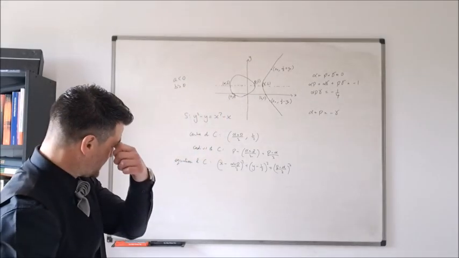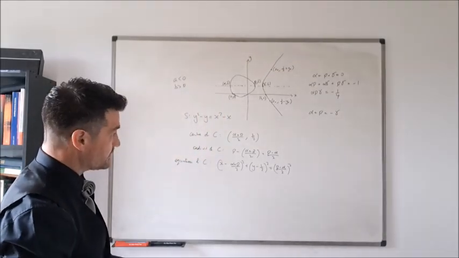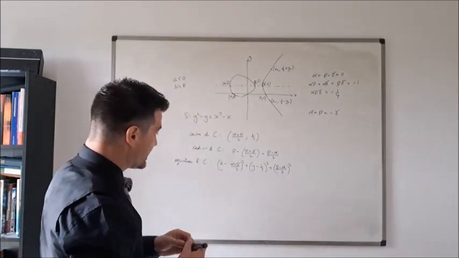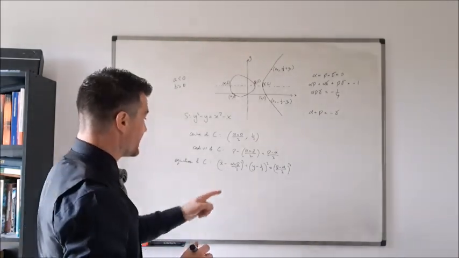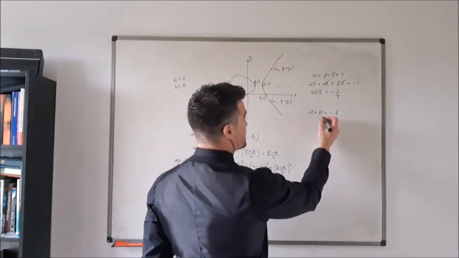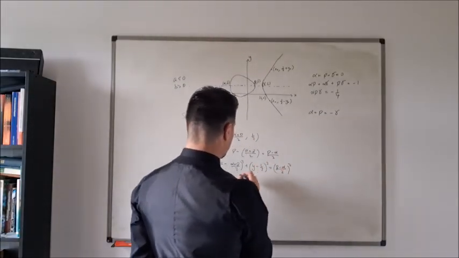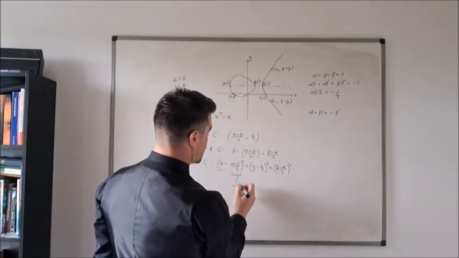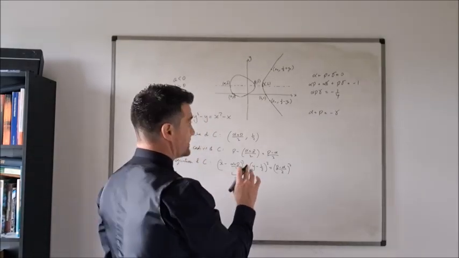Right, so now I want to get rid of these alphas and betas. Okay, that's easy. Alpha plus beta is equal to minus gamma. That means that (alpha plus beta) over 2 is going to be minus gamma over 2. So I'll sort that out in a second.